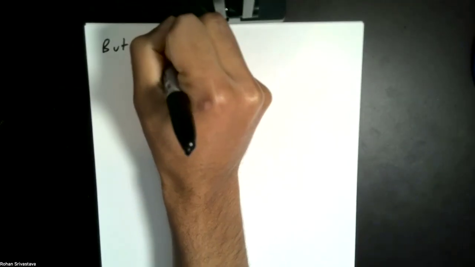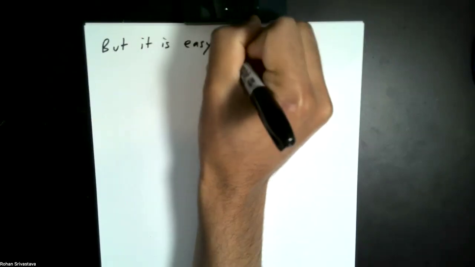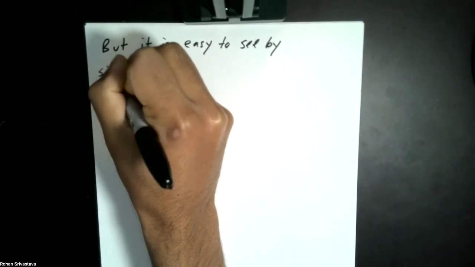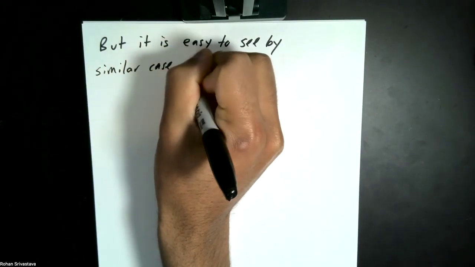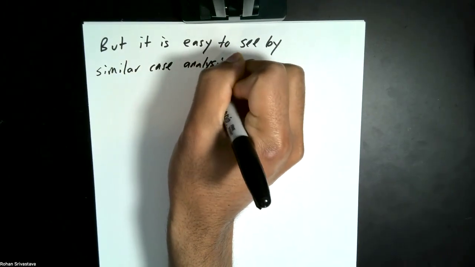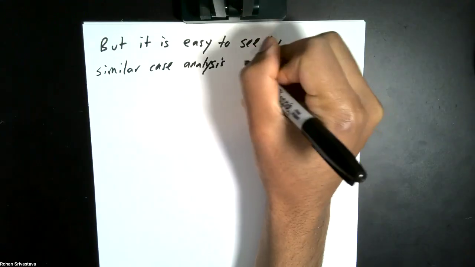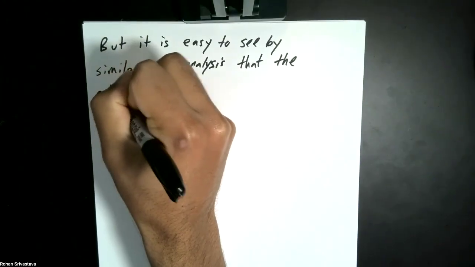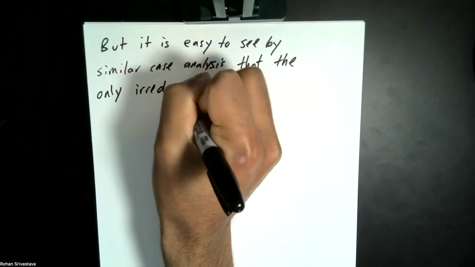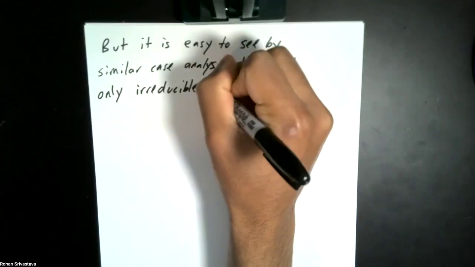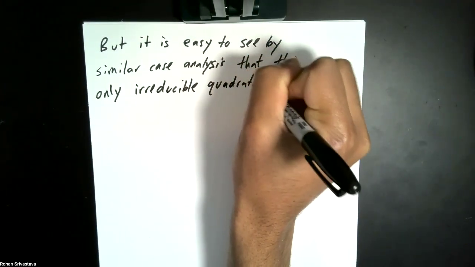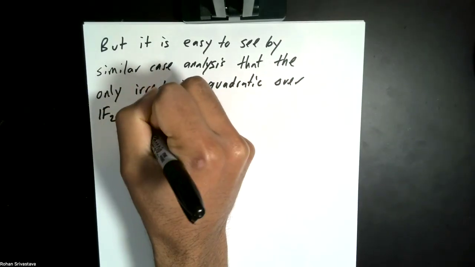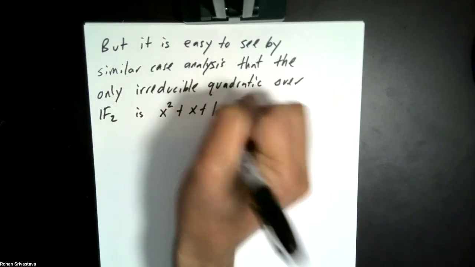It is easy to see by similar case analysis that the only irreducible quadratic polynomial over F2 is x squared plus x plus 1.